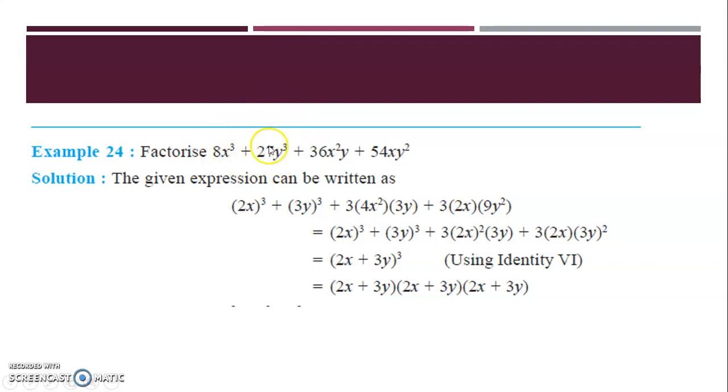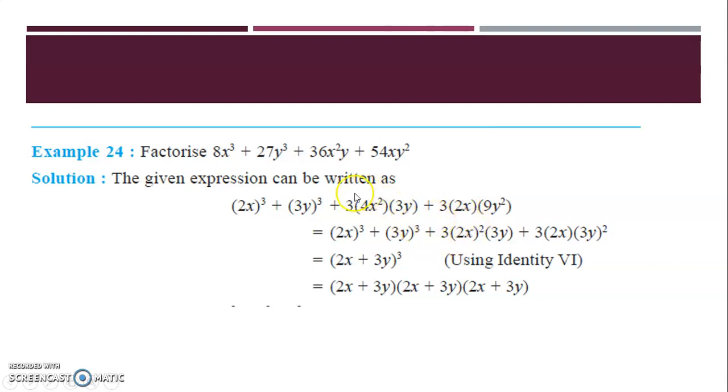But in the previous section we had seen factorization using the factor theorem and remainder theorem. So when you see a cubic polynomial, check whether there are two perfect cubes. If you find two perfect cubes, then check whether the other two terms are of the form 3x square y plus 3xy square, or minus 3x square y minus 3xy square, that is, whether it is in the form of the x plus y whole cube or x minus y whole cube identity.